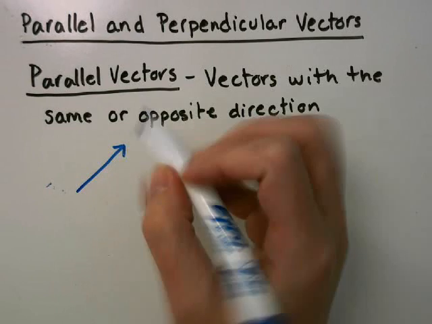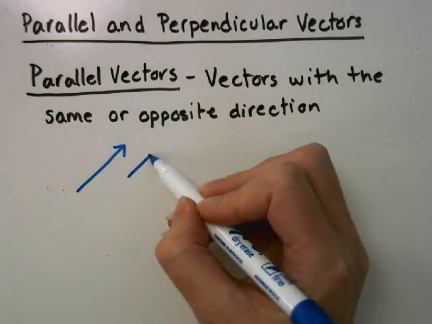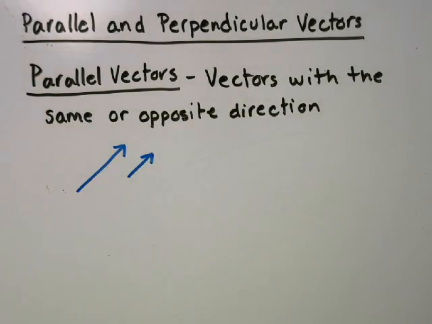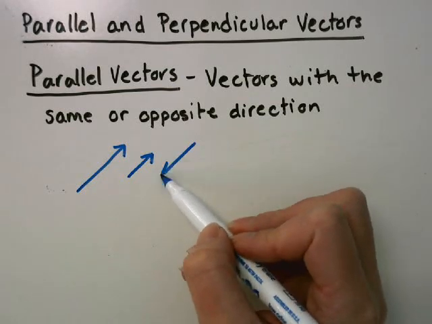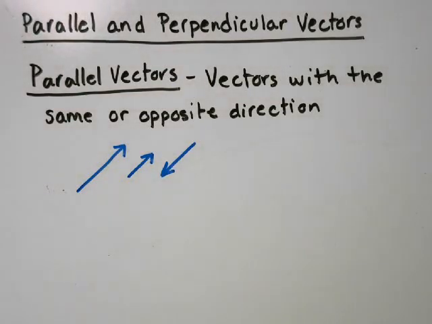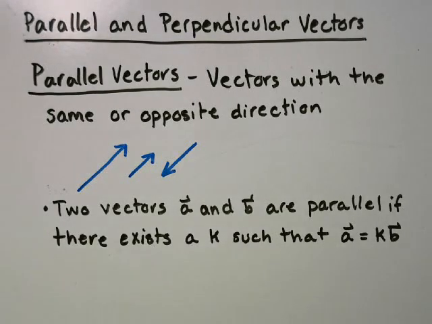If I've got it going in the parallel direction, those are parallel, or they can go in the opposite direction. Those are all parallel. They're not necessarily the same length, but they're going in the same or opposite direction. Mathematically, two vectors A and B are parallel if there exists some scalar k such that A equals that constant times B.